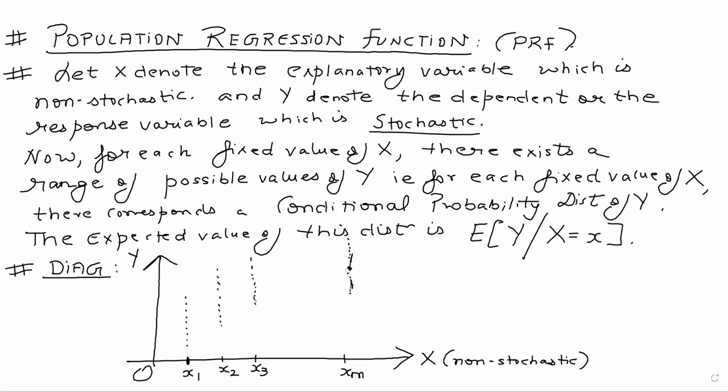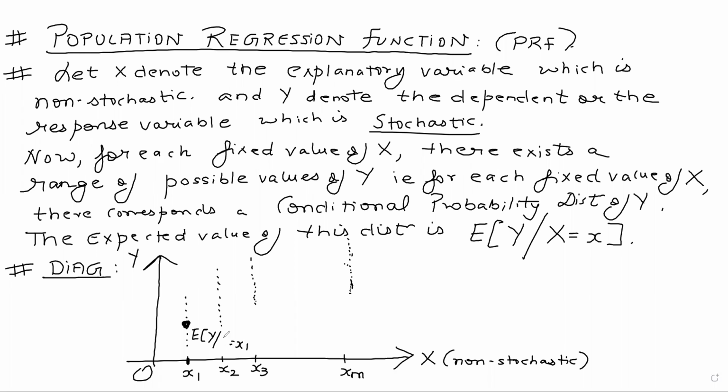That means for every value of X, I can say that Y itself is a random variable. Now what am I interested in? Out of all these values of Y, this particular value will be the expected value of Y when X takes the value x1.